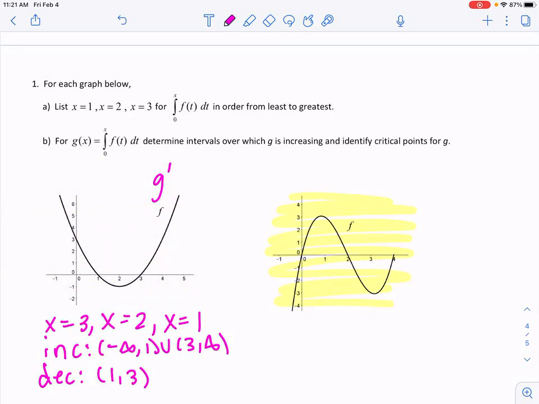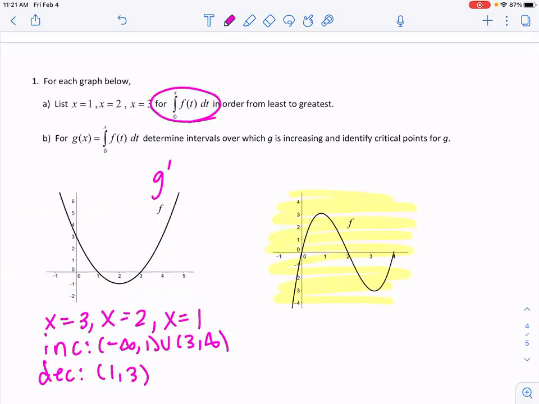If we plug 1, 2, and 3 in, so basically the area from 0 to 1, the area from 0 to 2, the area from 0 to 3. Connor, how did you all organize those from least to greatest? Were you a little bit confused about which one to put first, 3 or 1?